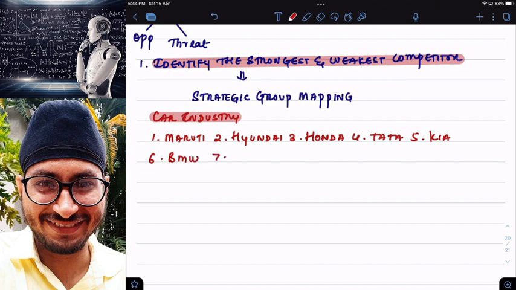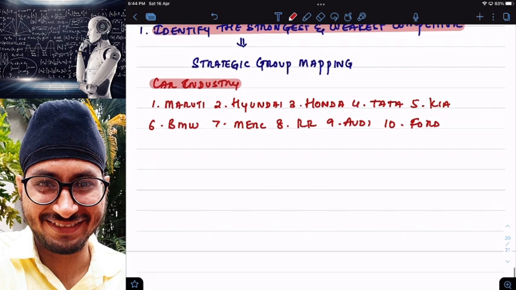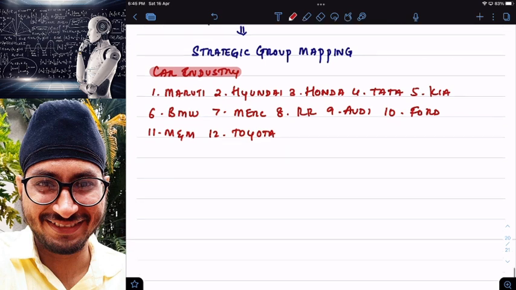Mercedes. Here we have Rolls-Royce, then Audi, then Ford, then Mahindra and Mahindra, Toyota. Whatever I don't know I will not write. Some car companies I may not be able to write if I don't remember. Whatever I remember I am writing here.